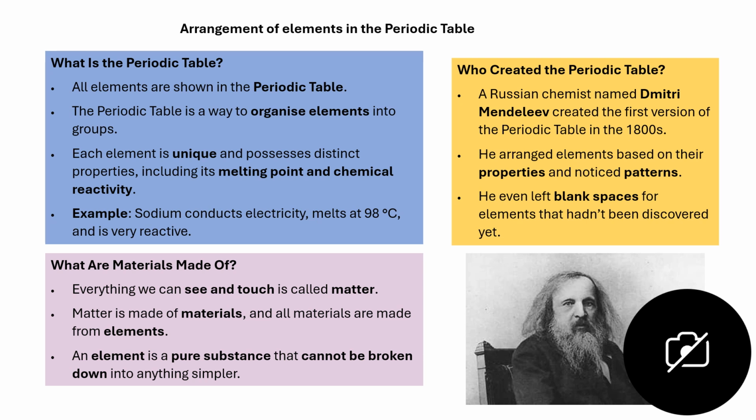Now, each element is unique and it possesses distinctive properties, and this includes melting points and chemical reactivity. Melting point is when, for example, if you melt gold, there's a certain melting point for it to melt. Chemical reactivity is when you put two elements together and it reacts.